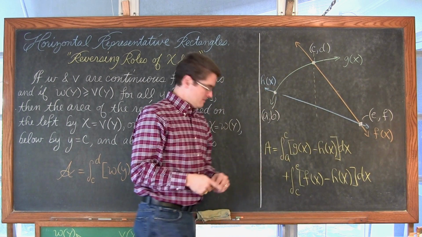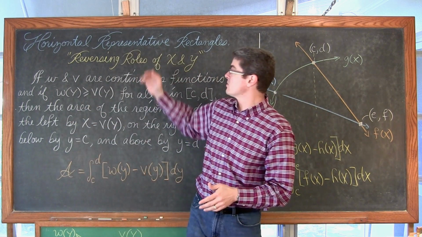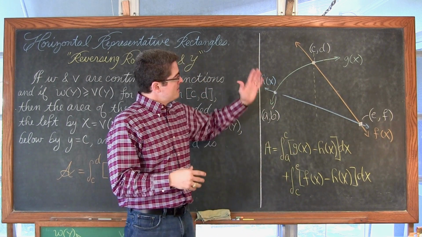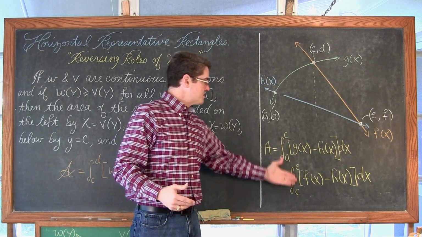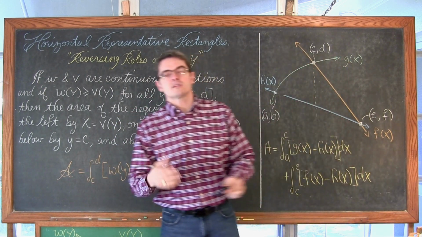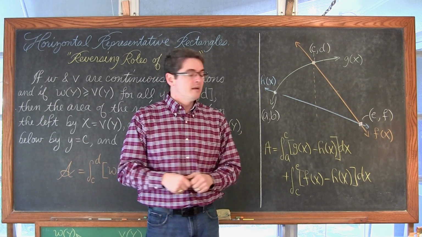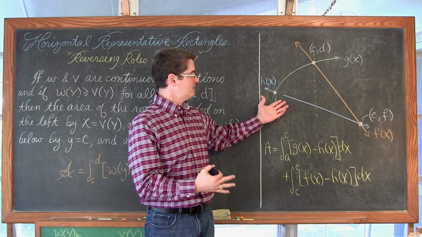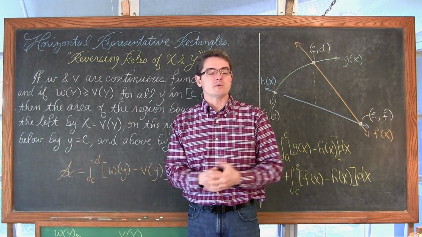So unlike the last example we started talking about that led us into these horizontal representative rectangles, with some kind of diagram like this, horizontally or vertically, you would still need to find the area with two definite integrals. And however you decide to do that is going to be determined by how the functions are set up, as opposed to graphically or the number of definite integration expressions we need to set up.